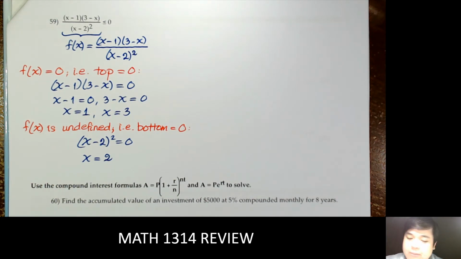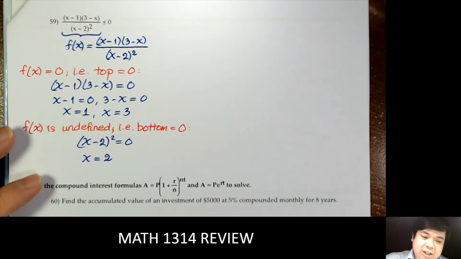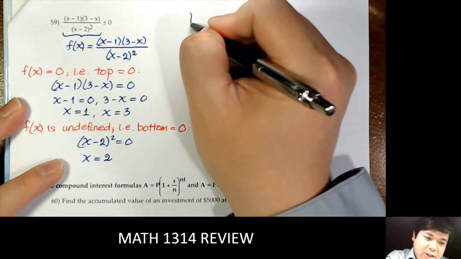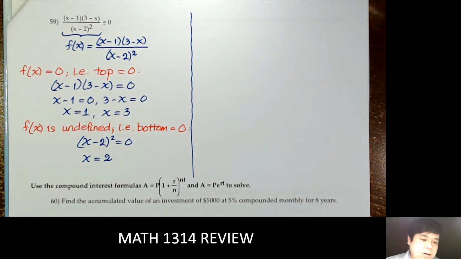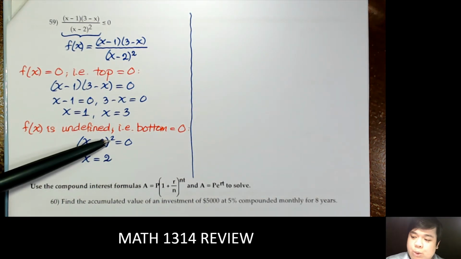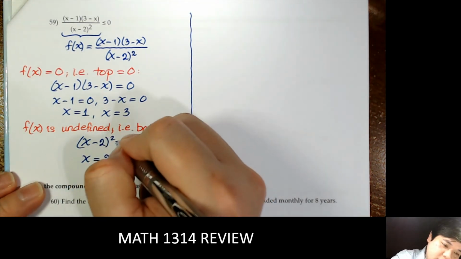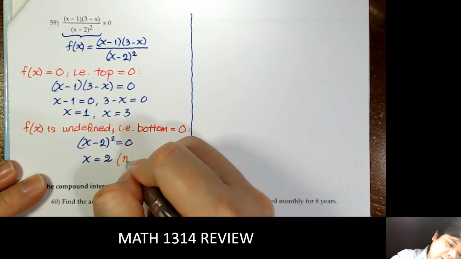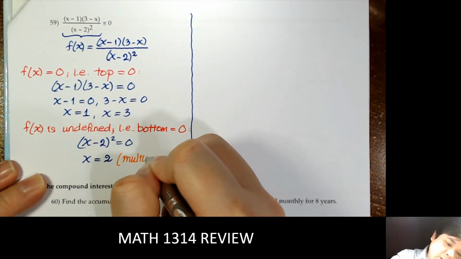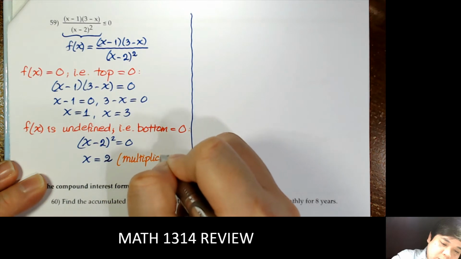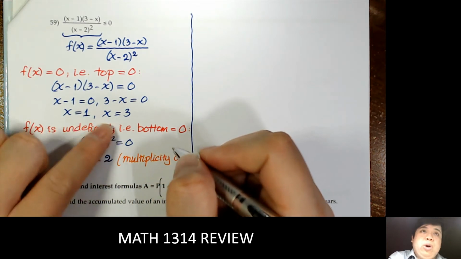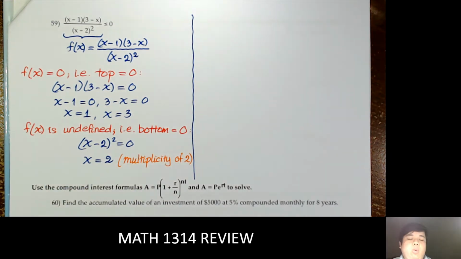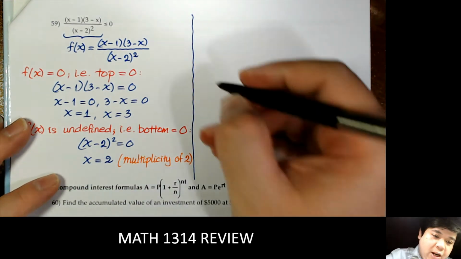Right. Now on this one, we're not going to use a calculator. What we use is the multiplicity. Notice that multiplicity of 2 here. On the other points, multiplicity of 1. Right. Make a table.